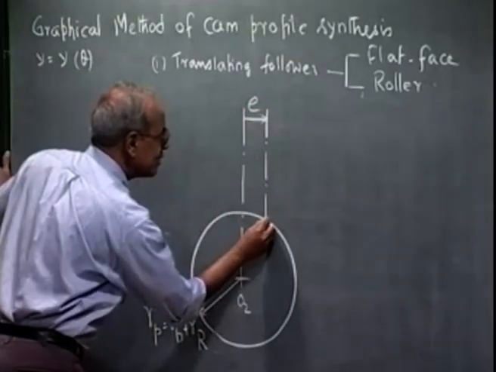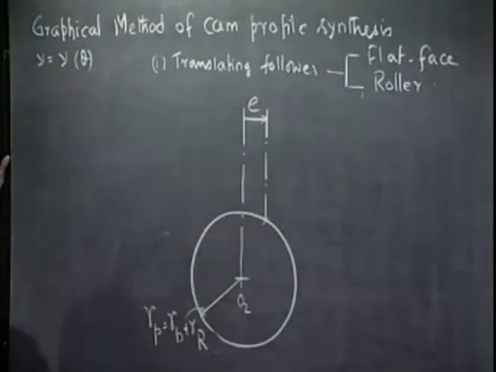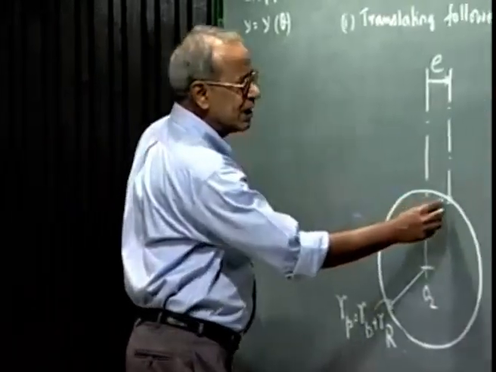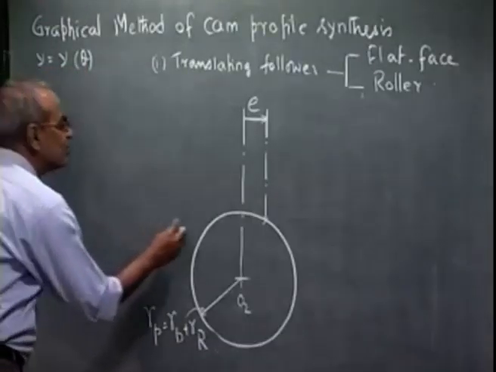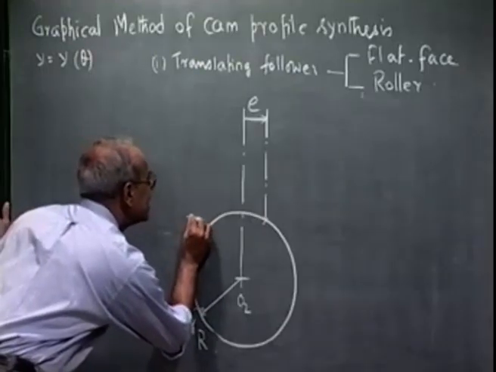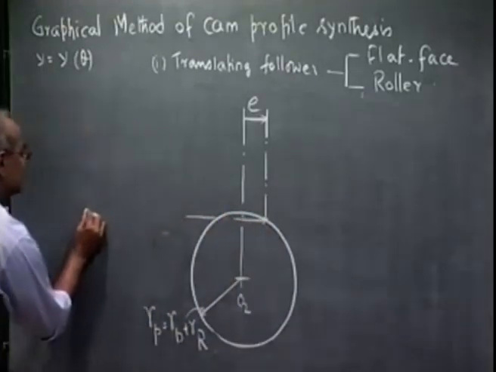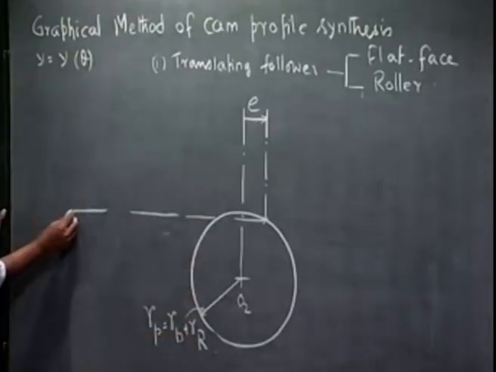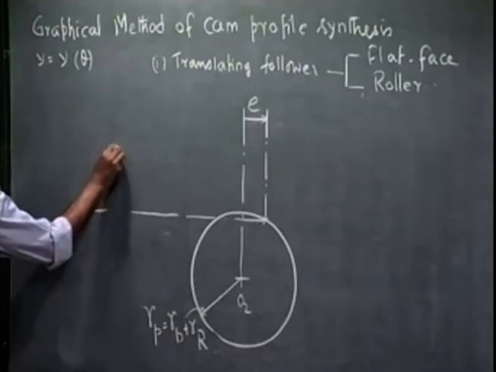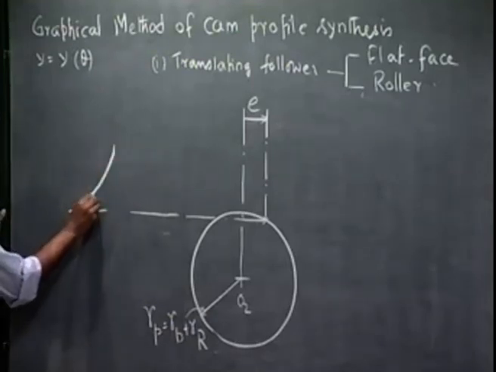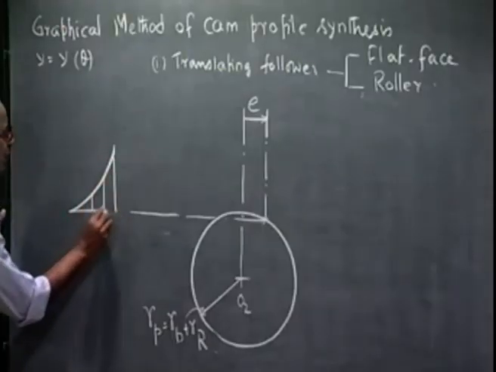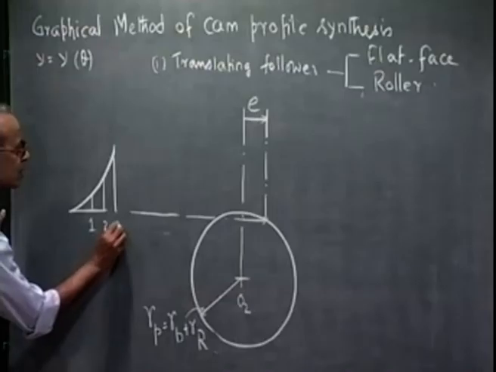So this is, as we have discussed in the case of the analytical method, the lowest point of the roller center, that is the trace point. The displacement of the follower will be measured from this level. So I draw a horizontal line and draw whatever is the displacement diagram here. So as before, I consider a few station points, namely 1, 2, 3.